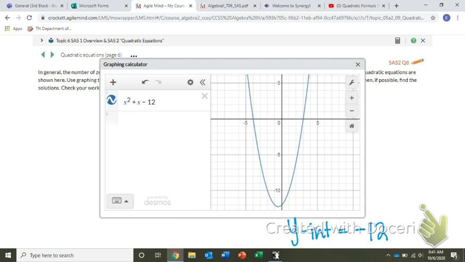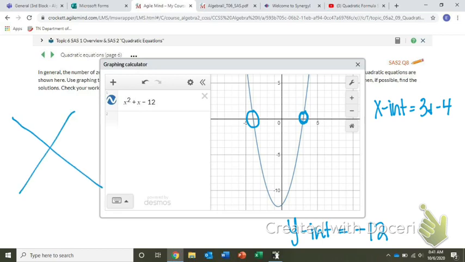We have an x-intercept at positive 3 and negative 4. Now, while you're drawing that on your graph, I'm going to do the big X method, and you can go back and watch.